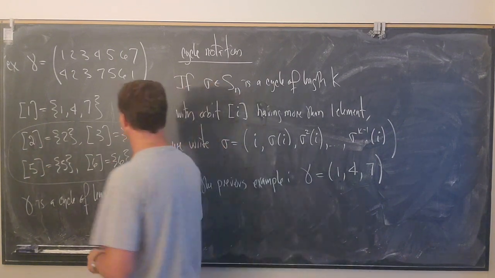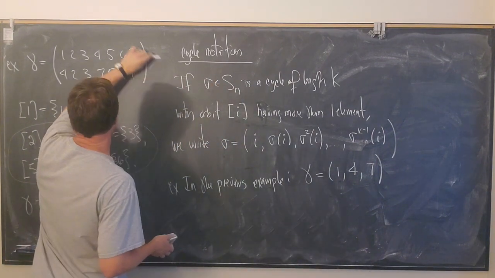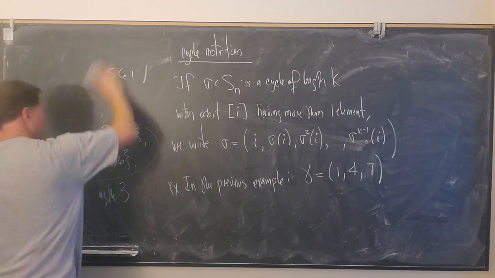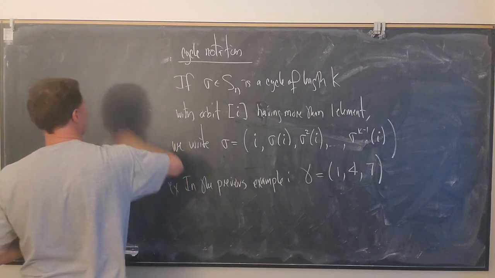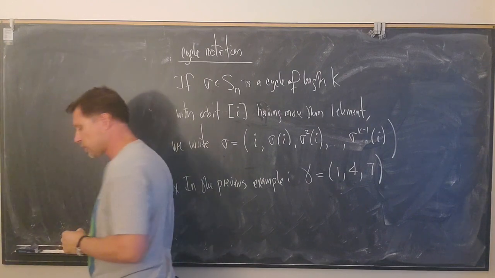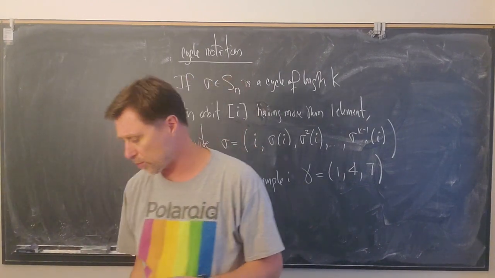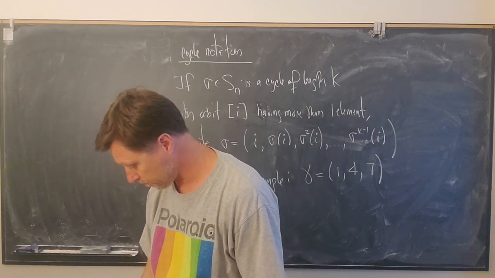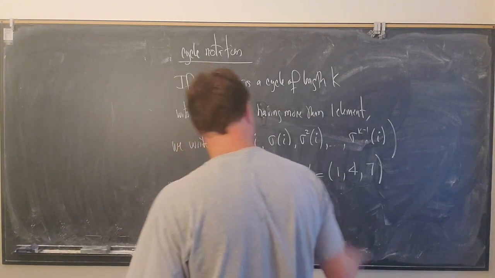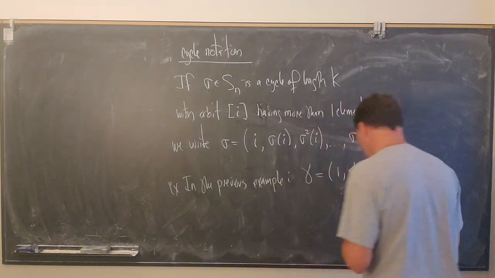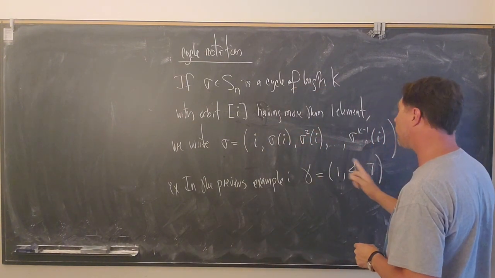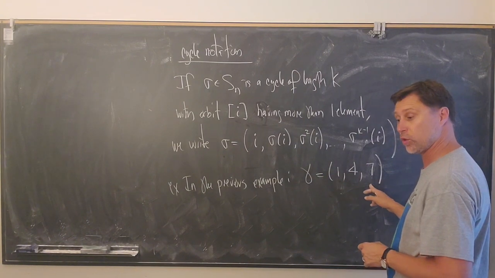So it gives us a much more efficient notation than this matrix notation we were using. We're going to stop using the matrix notation pretty soon, once we get a complete description of how to define a general permutation. Now I should point out, everything can be permuted cyclically. The orbit of 1 is the orbit of 4, which is the orbit of 7.